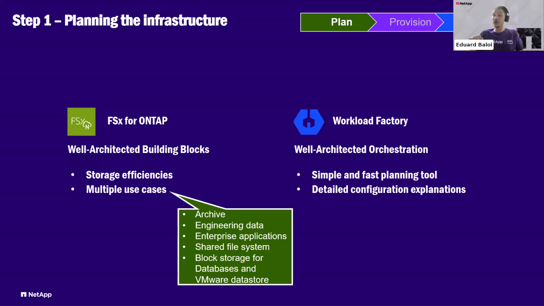We can go for archive, meaning we're going to have a minimal SKU file system, powerful enough to ingest data and keep it for archive, and go to the opposite side of the spectrum, having it for engineering data, for block storage, for fast databases, and present it also as a VMware data store. So a wide range of opportunities with FSx for NetApp ONTAP.